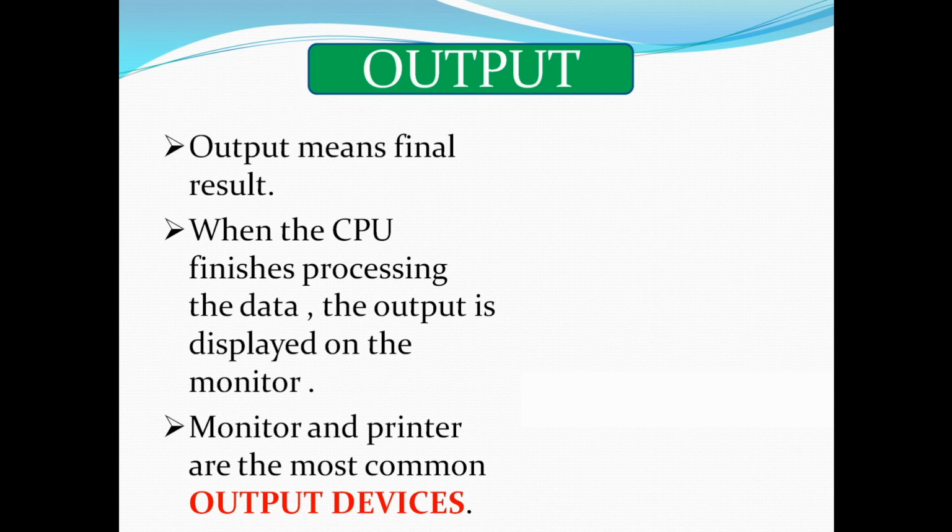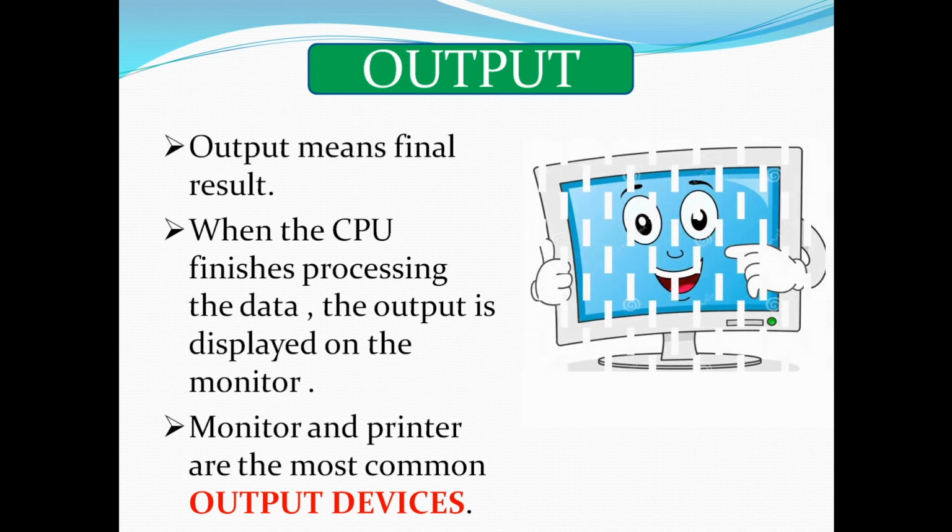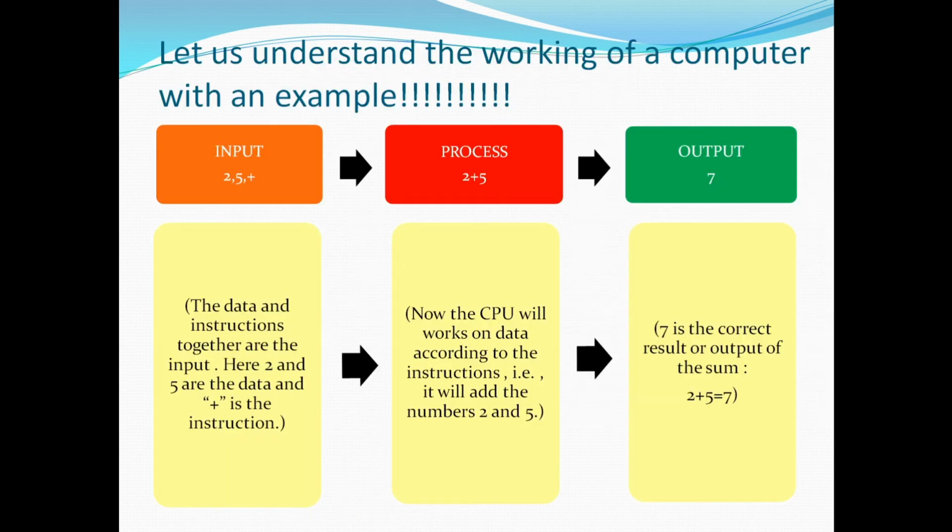Monitor and printer are the most common output devices. This is a picture of monitor. So children, at last we can say that computer works on the IPO cycle, and this IPO stands for input, process, output.